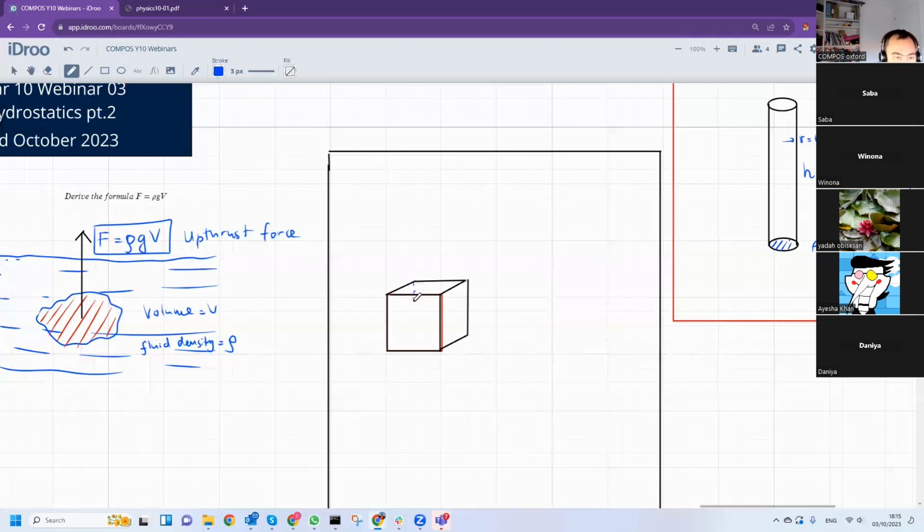And imagine that the top of the box is at a depth h, and A is the side of the box.